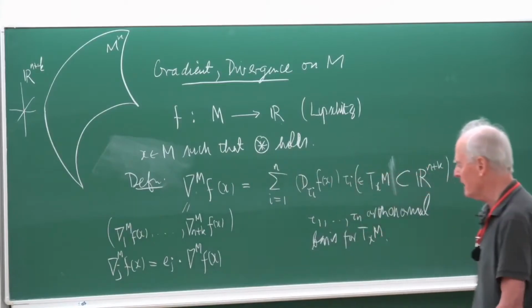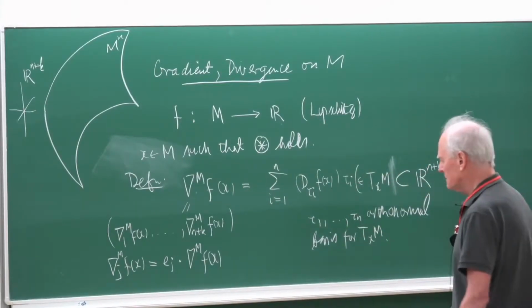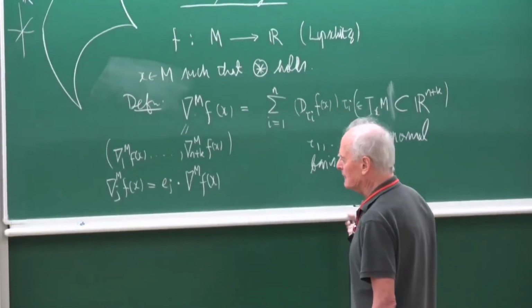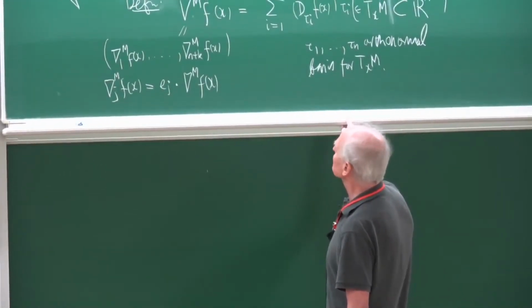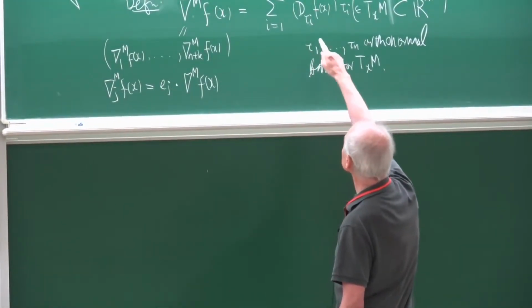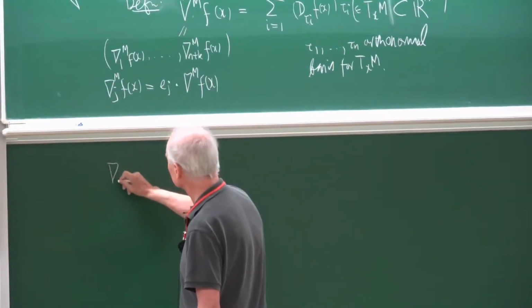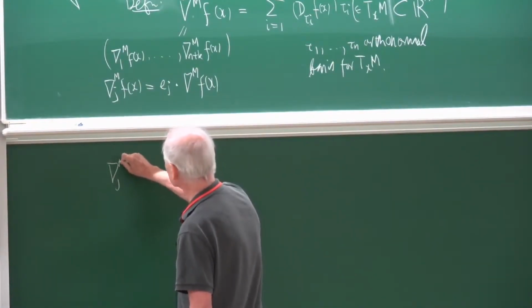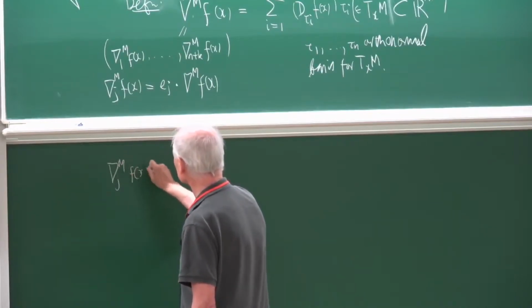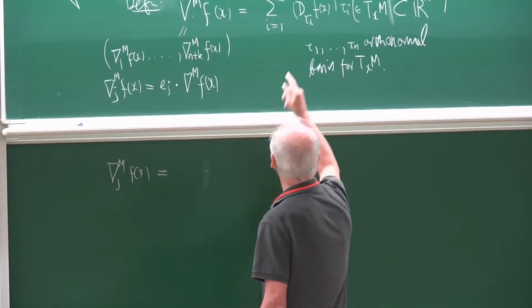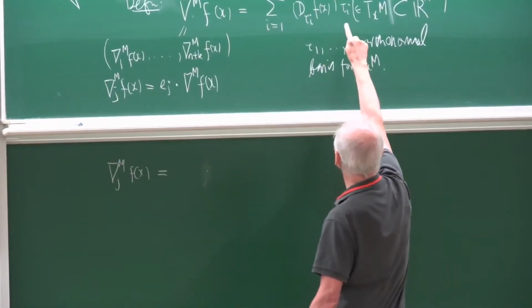Okay, so that's that. And now let's see if we can get a more explicit expression for grad_M f. So grad_M f is the jth component of this. So the jth component of grad_M f(x) is equal to just the dot product of this vector with e_j.